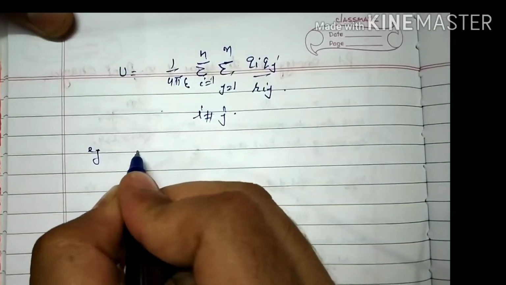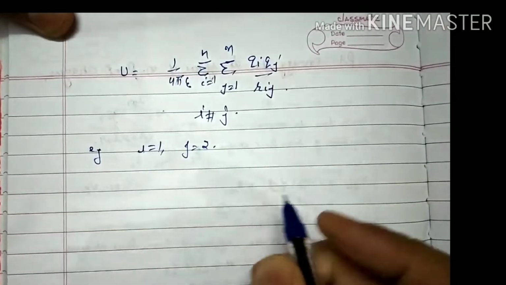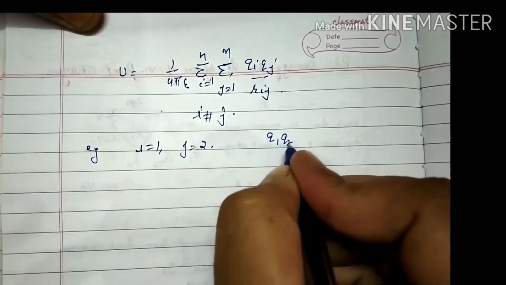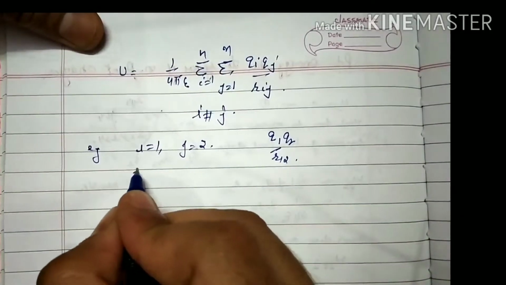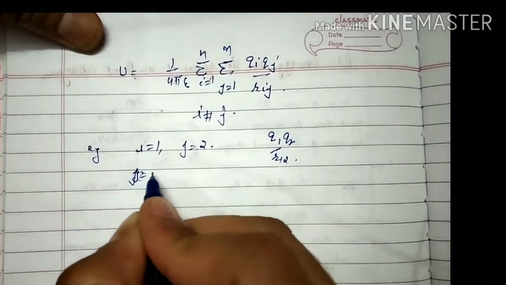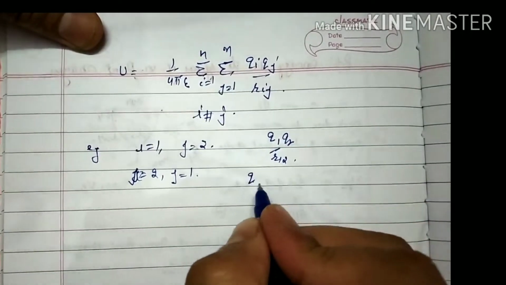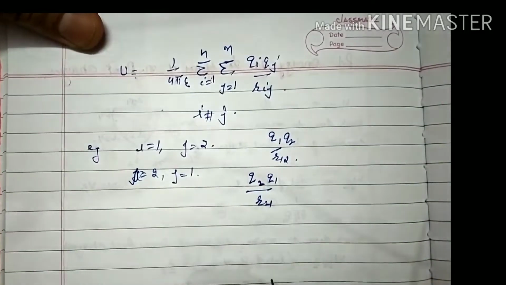For example, we are writing i equal to 1 and j equal to 2, then we will get in the equation q1 q2 upon r12, and if we go with i equal to 2 and j equal to 1, then again we will get q2 q1 upon r21.